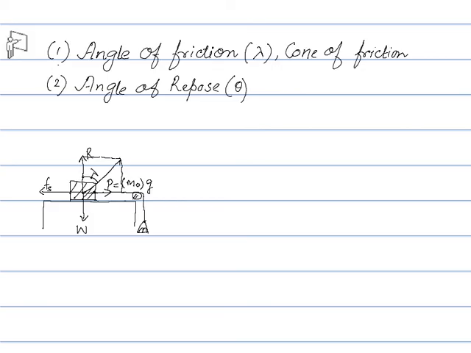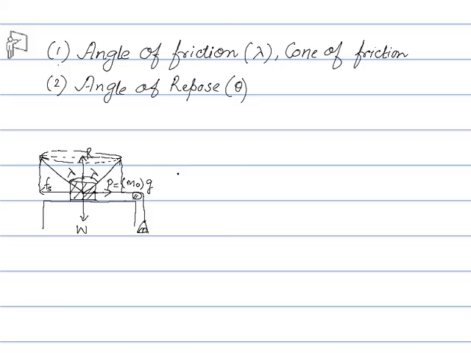Similarly, the resultant of Fs and R will make an angle lambda with the normal reaction. So if we choose this lambda as the semi-vertical angle, and imagine a cone, this is called the cone of friction.